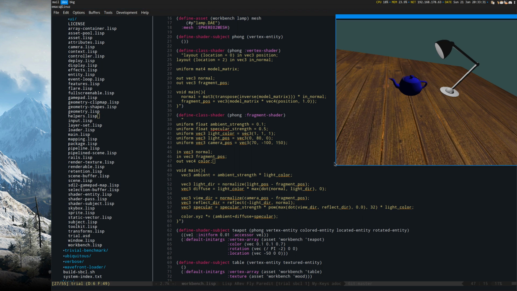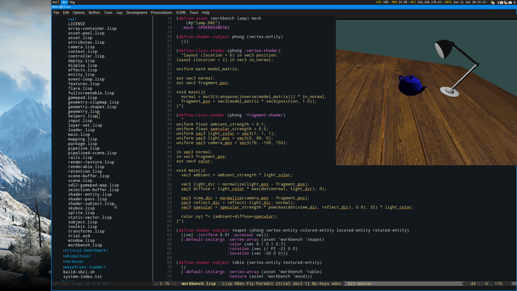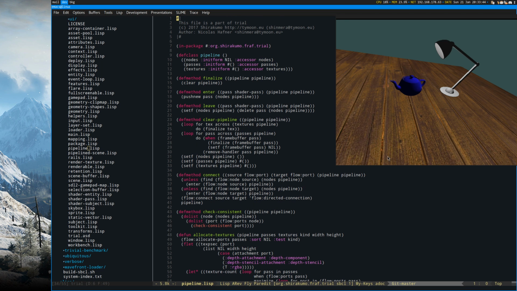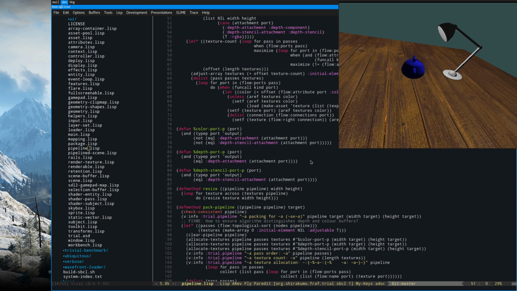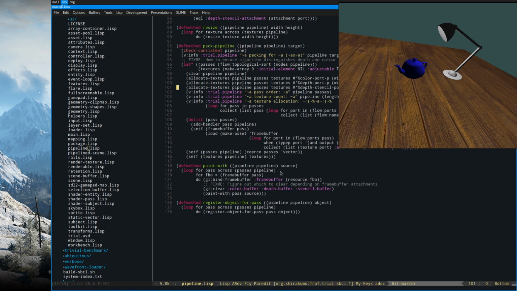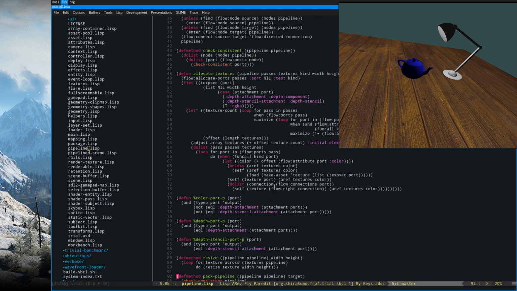Other than that, we're basically done with this already, so... Pipeline, pipeline, pipeline. Where are you? Because you need to adapt to textures.